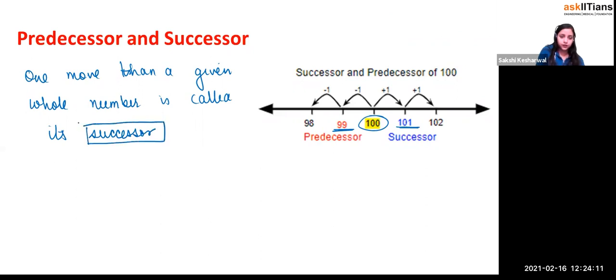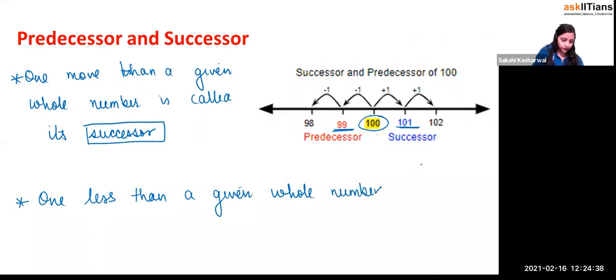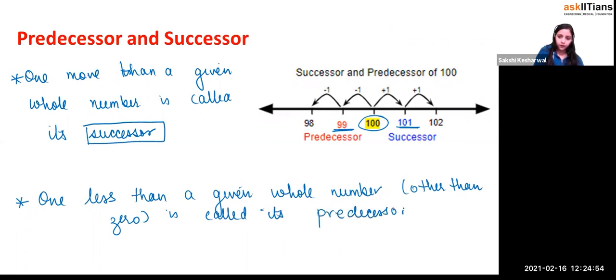And one less than a given whole number, other than 0, is called its predecessor, right?